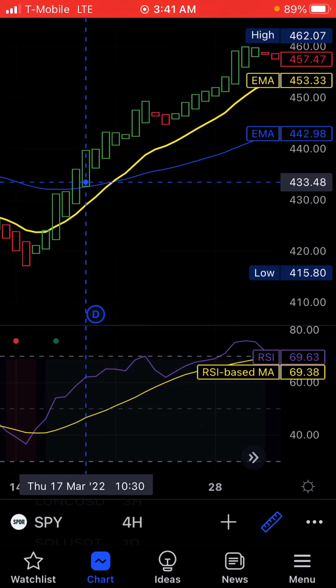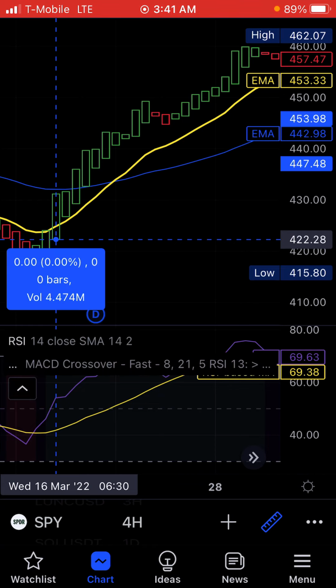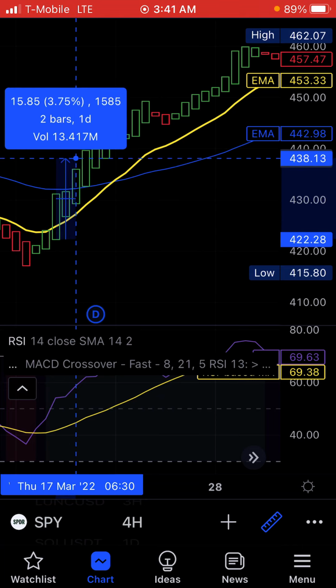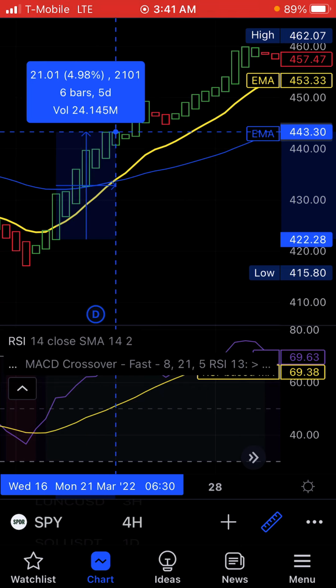And the trend meter predicts it right here. So I would come in at this point at a 422 call, and I would ride it out for 1 day, 2 days, 5 days.